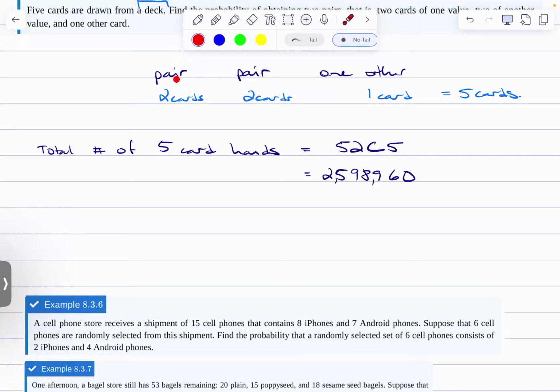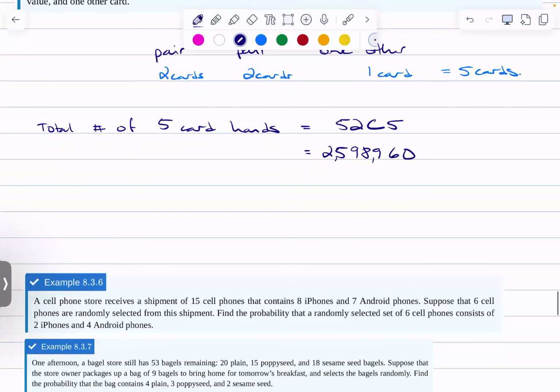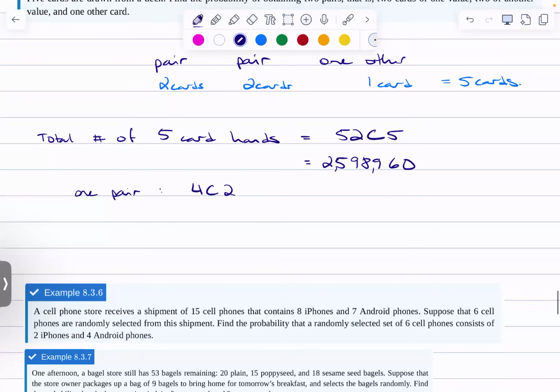And so within each pair, I have four things to choose from. So one pair would be 4 choose 2. And then the other pair would be a different 4 choose 2.